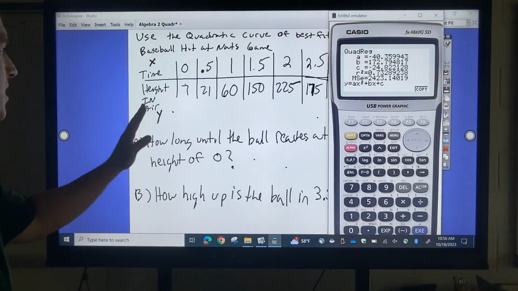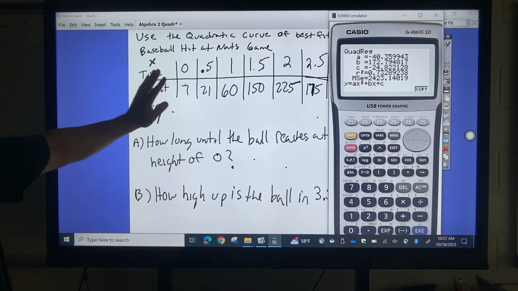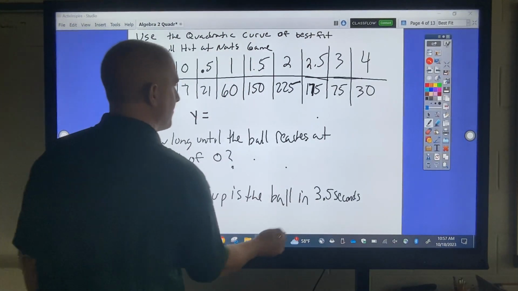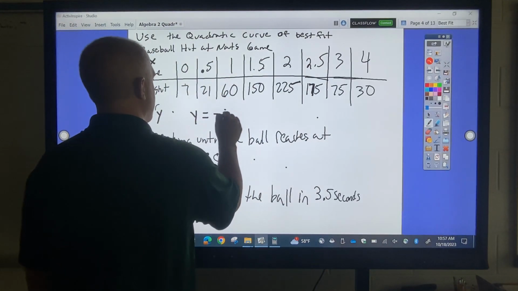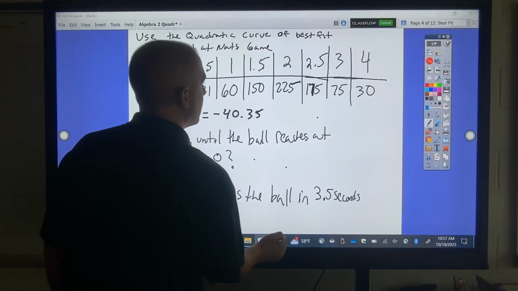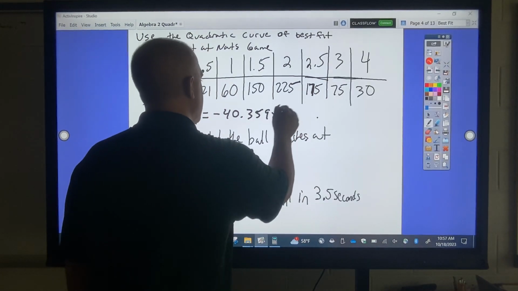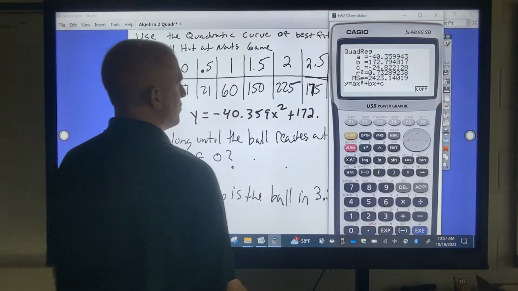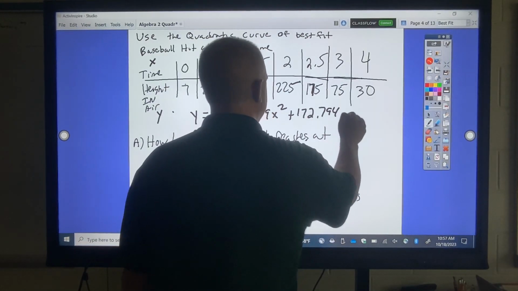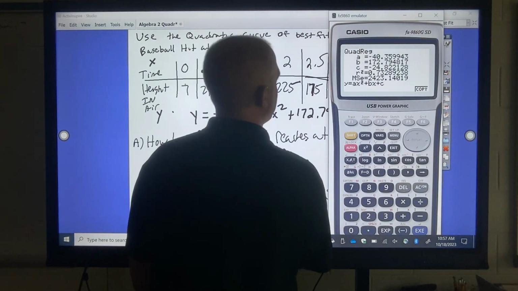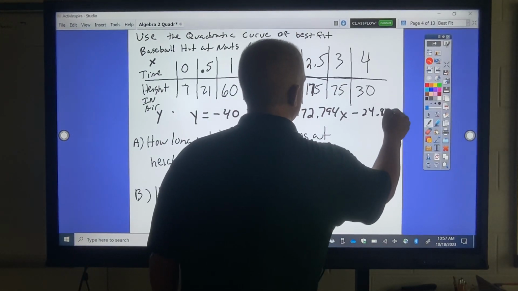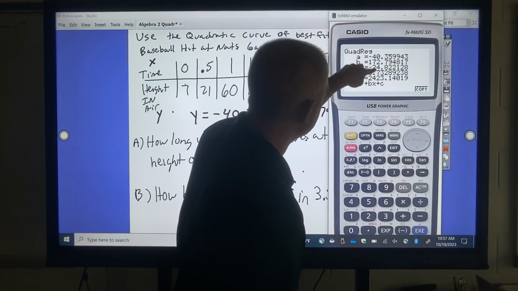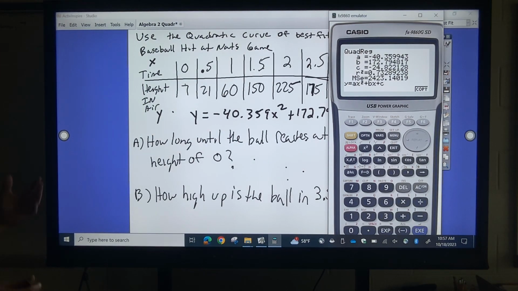I don't ask this in these questions, but if I were to write the equation, I got y equals negative 40.359x squared plus 0.794x minus 24.822. So this A goes there, this B goes there, this C goes there. That would be the equation.